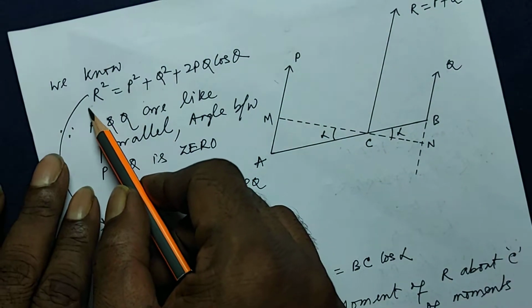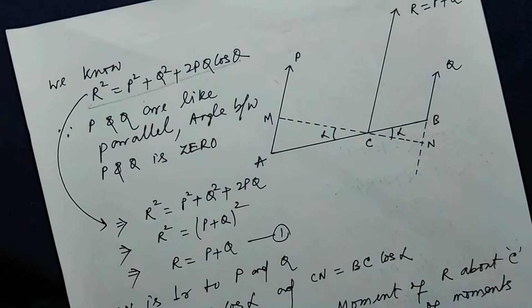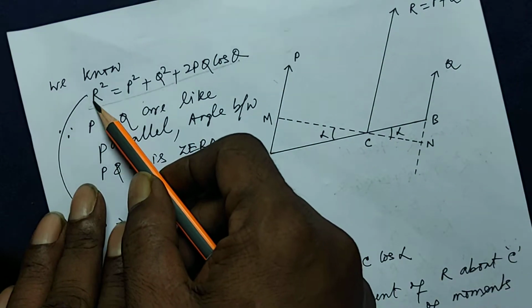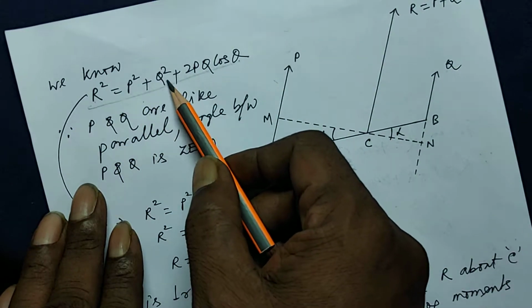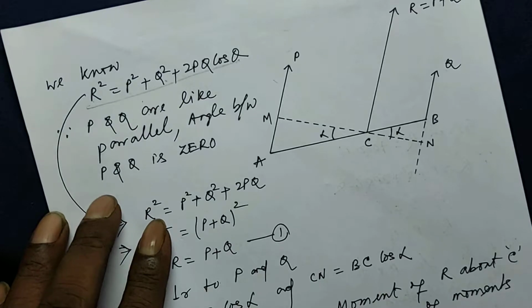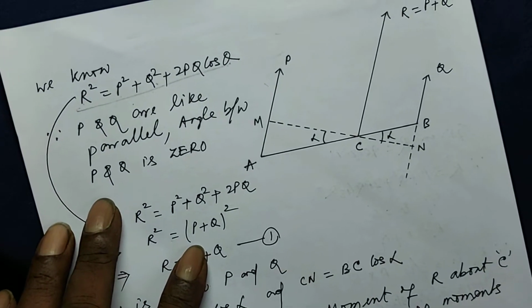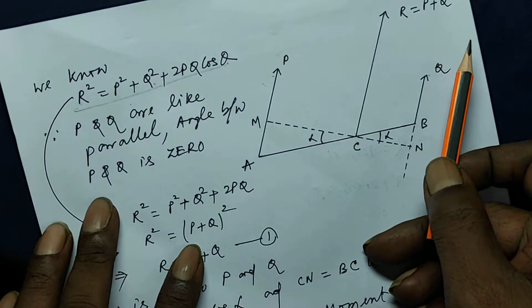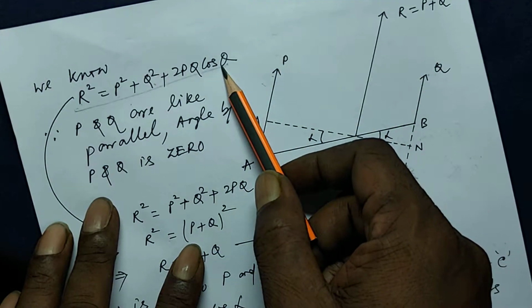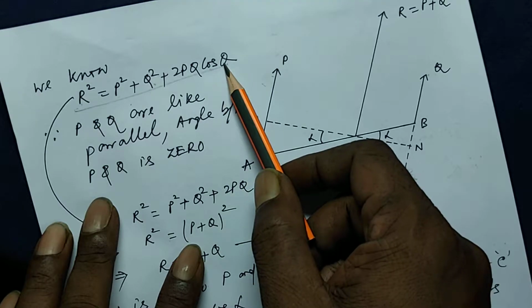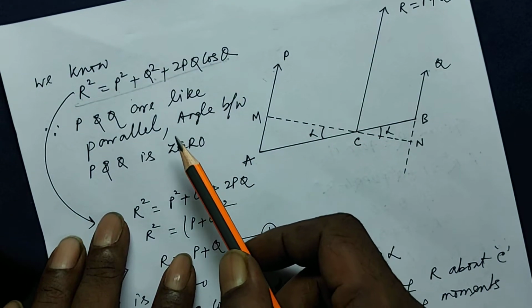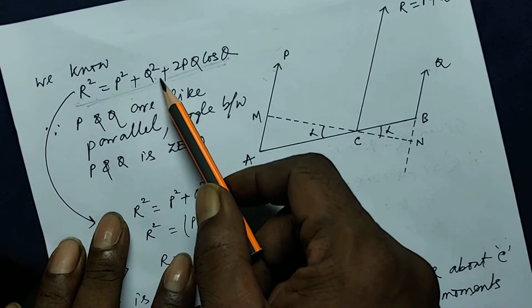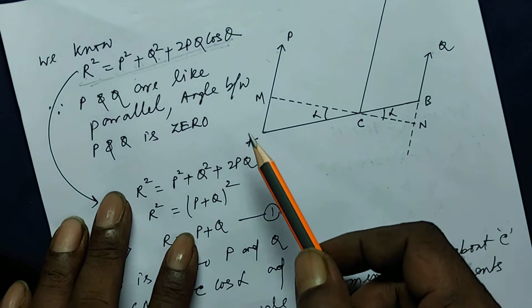And this derivation, R square is P square plus Q square plus 2PQ cos theta, you must have done in your school days, where R is the resultant of P and Q, and theta is the angle between P and Q. Now, since P and Q are like parallel, means angle between them is 0. If I put theta is 0 here, cos 0 is 1. So this expression reduces to R square is equal to P square plus Q square plus 2PQ.